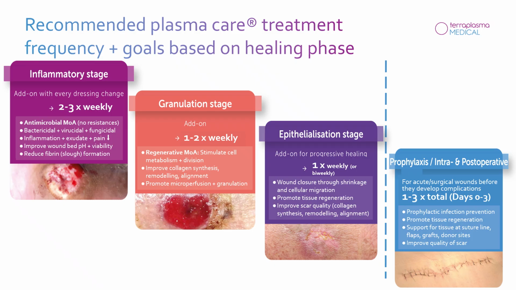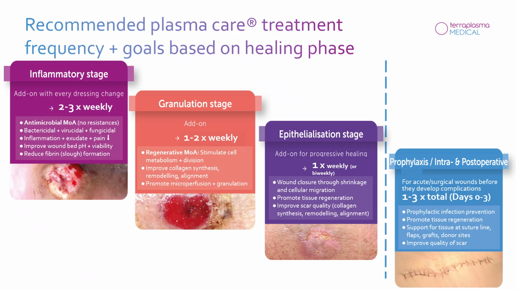In the proliferation phase, we recommend to treat 1 to 2 times per week. Here the mechanism is regenerative. It stimulates cell metabolism and cell division. It improves the collagen synthesis, the remodeling, and the alignment. It promotes microperfusion and granulation.